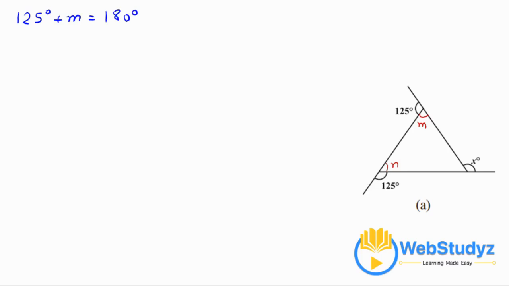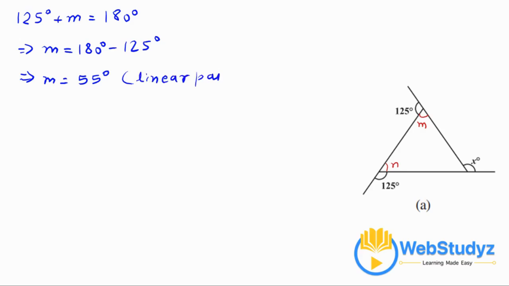So from here we can say that M will be 180 degree minus 125. So from here we get the value of M as 55 degree.